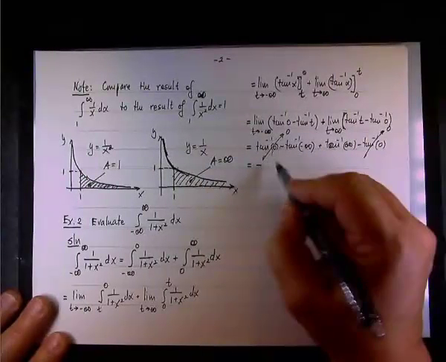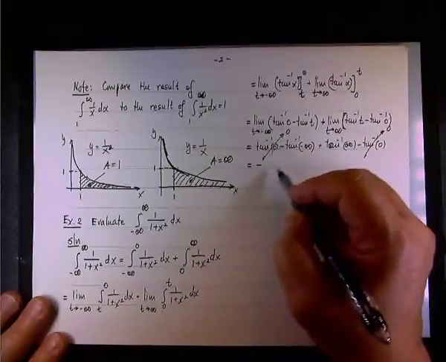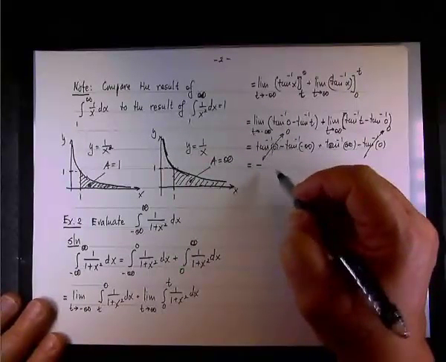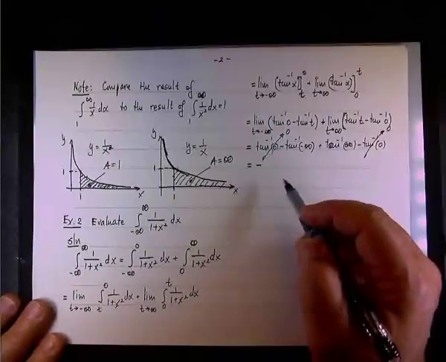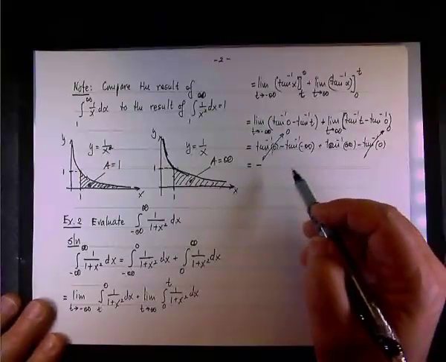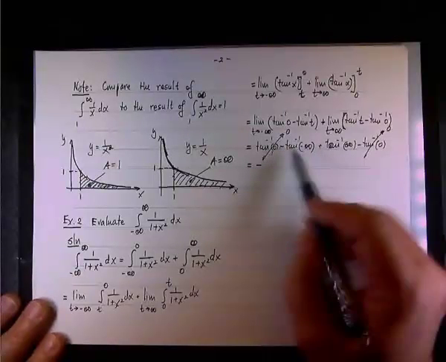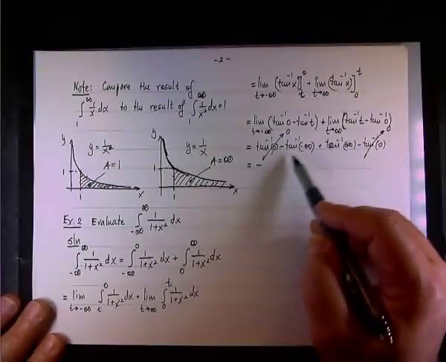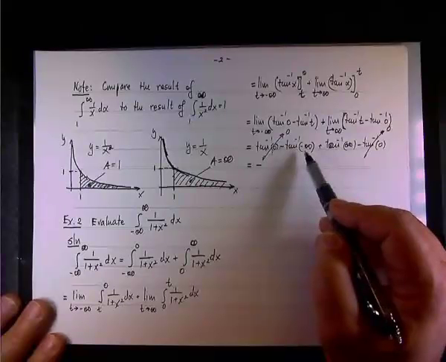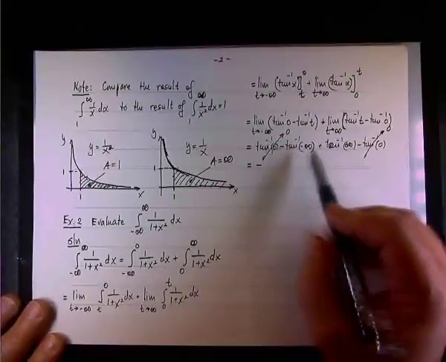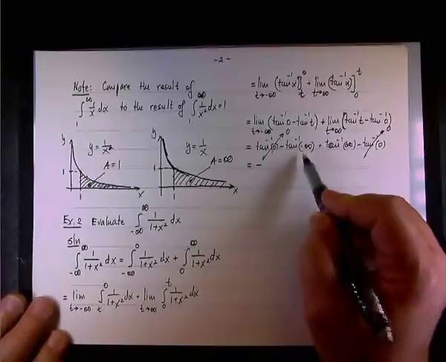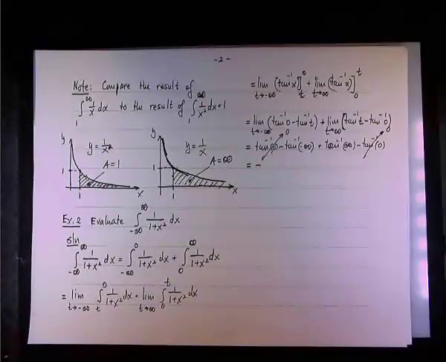Now what we need to look at is the negative inverse tangent of negative infinity. Again, on the same domain, where does the tangent go to negative infinity? Remember, this is the result of the limit, so I should have written the limit as t goes to negative infinity of the inverse tangent of x.